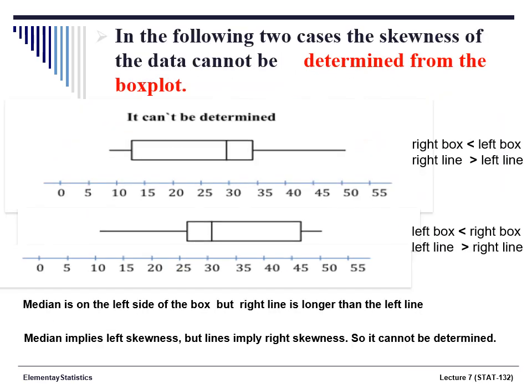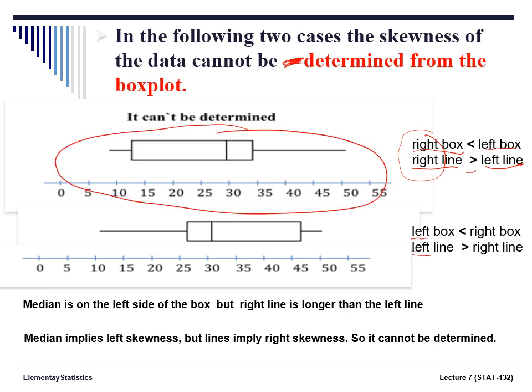In these two cases here, the skewness cannot be determined from the box plot. Here, the right box is smaller than the left box, but the right line is bigger than the left line, so there is no dominance of the right side. And if there is no dominance of the left side either, we say this cannot be determined. Sometimes for these we don't give the box plots.